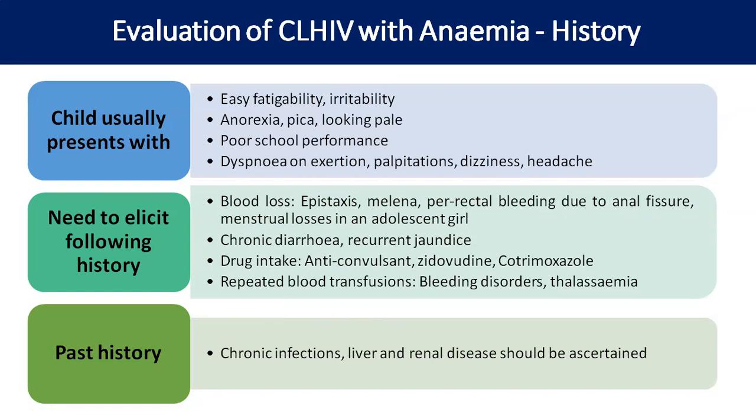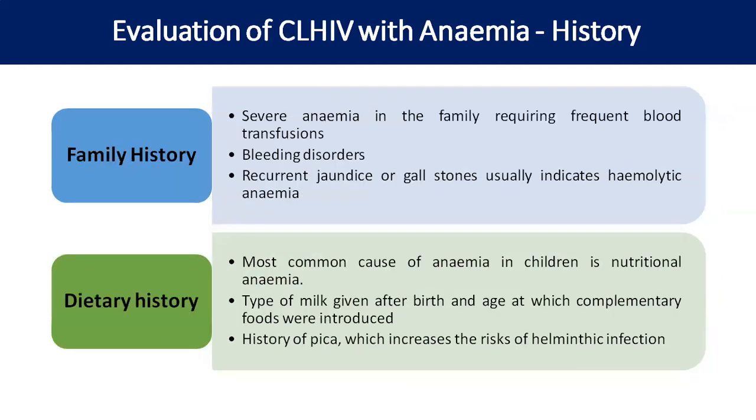Ask about past history of any chronic infection; liver or renal disease should be ascertained. Family history should include any history requiring frequent blood transfusions, bleeding disorder, or recurrent jaundice or gallstones, which indicate hemolytic anemia running in the family.